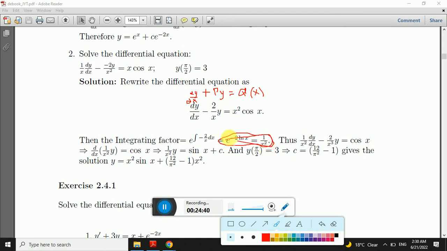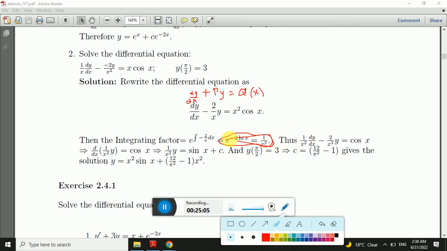There are some rules of indices: this negative 2 can come this way on x, and then you have e to power natural log of x to power negative 2. The e and the natural log will cancel, and you know that x to power negative 2 is the same as 1 over x squared. Those are rules of indices which you must have come across before.